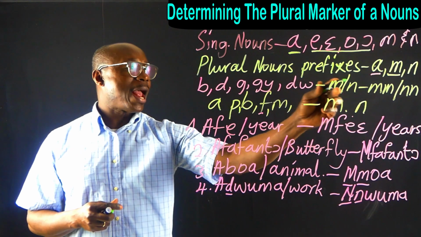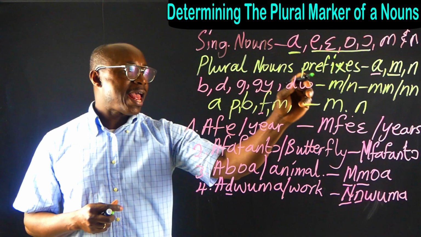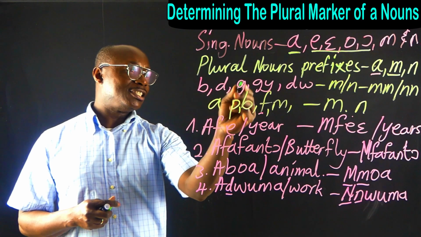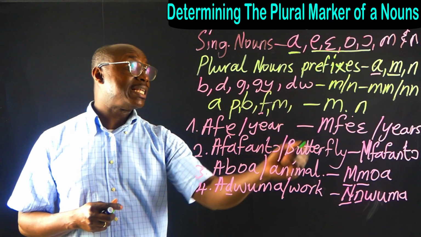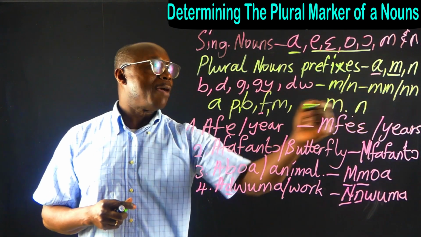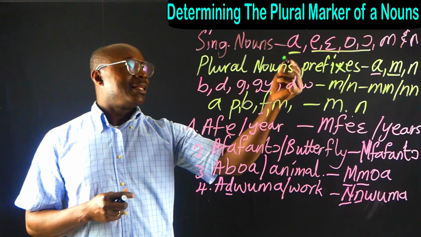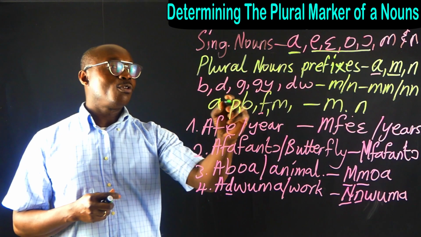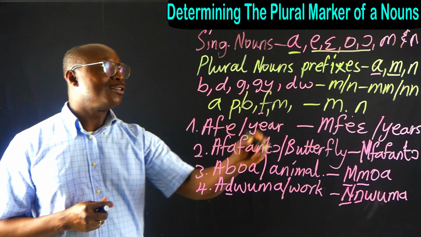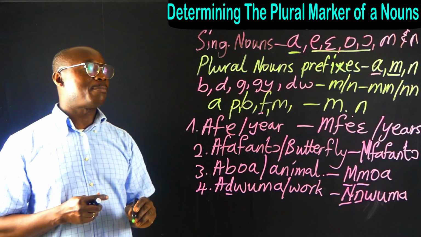So M or N. If in the plural state, the M is followed by B or D, J, JY, or DW, then the M will have to be doubled and pronounced. The N also, if it is followed by any of these, then it should be pronounced doubled too.